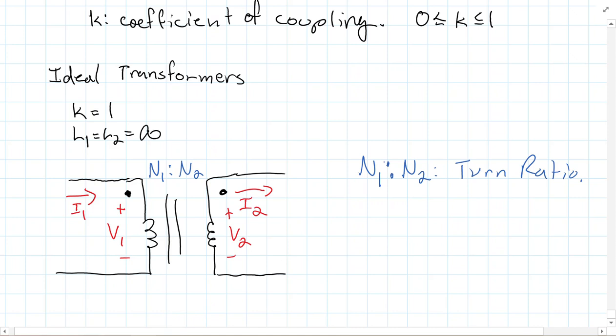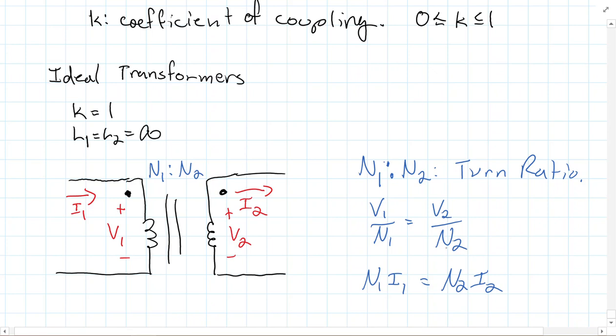And with this ideal assumption, we actually got some very nice equations here. What we had was that V1 over N1 was equal to V2 over N2. And then we also got that N1 I1 was equal to N2 I2. So we had some very nice relationships, and because of this, this really already gives us two equations.